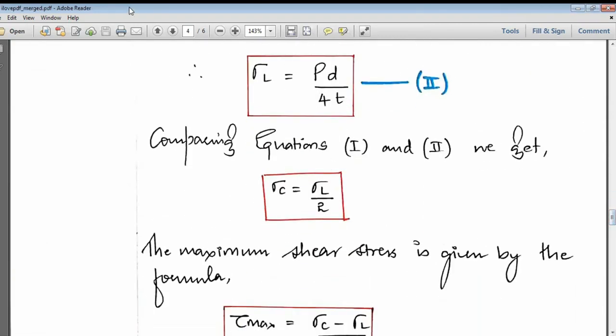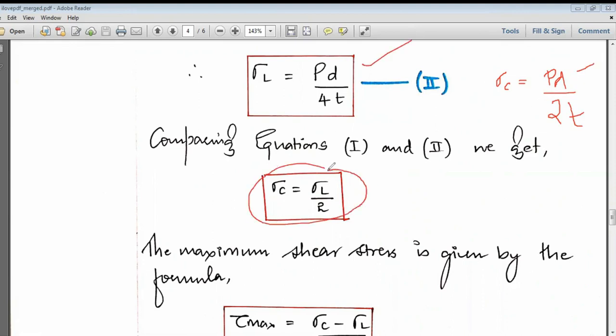If we correlate these two equations, we'll get sigma c is equal to sigma L divided by 2, and that is the relation between circumferential stress and longitudinal stress.